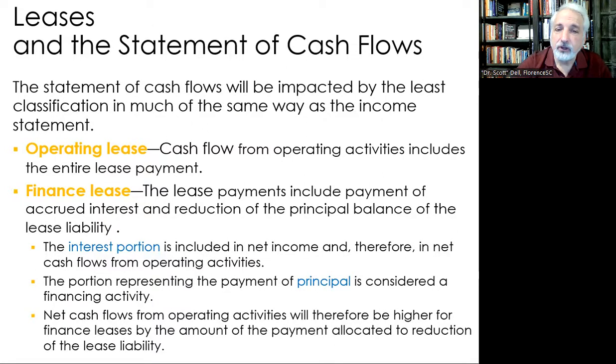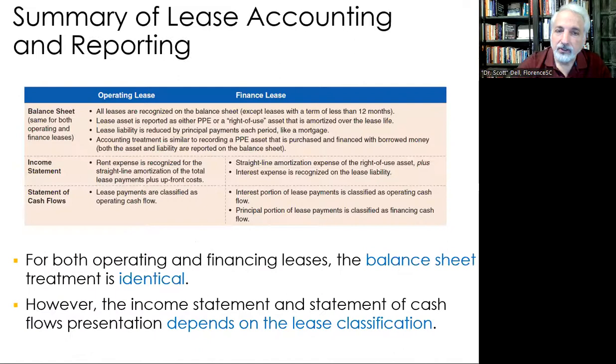Then the statement of cash flows will be impacted: operating activities for the lease payments themselves, financing for interest and the principal associated with the lease obligation as well. Summary of lease accounting. Yeah, there's a table here. You can read all about it. But for both operating and financing leases, the balance sheet will treat them the same.